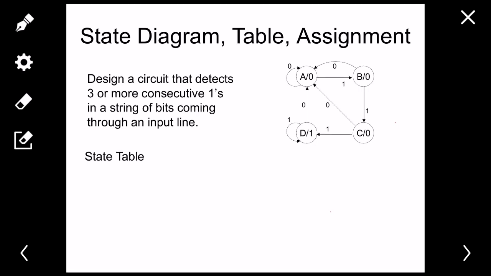Now let's consider the table. Let's just go to a blank slide. It will be better for you guys. Okay, now let's start. We'll be needing a present state first, right?